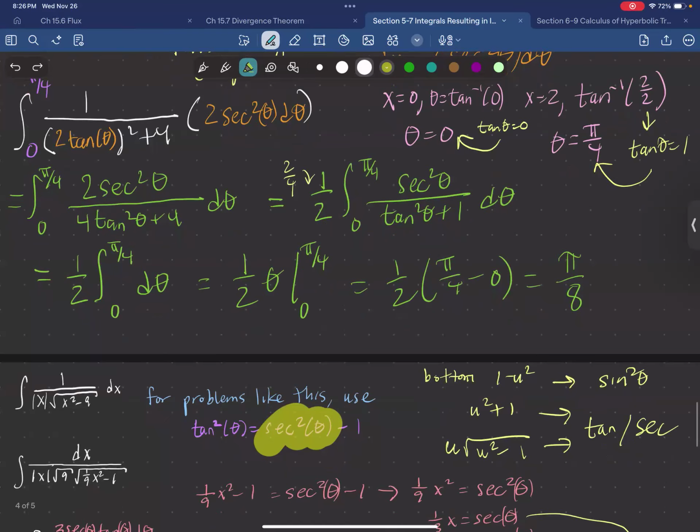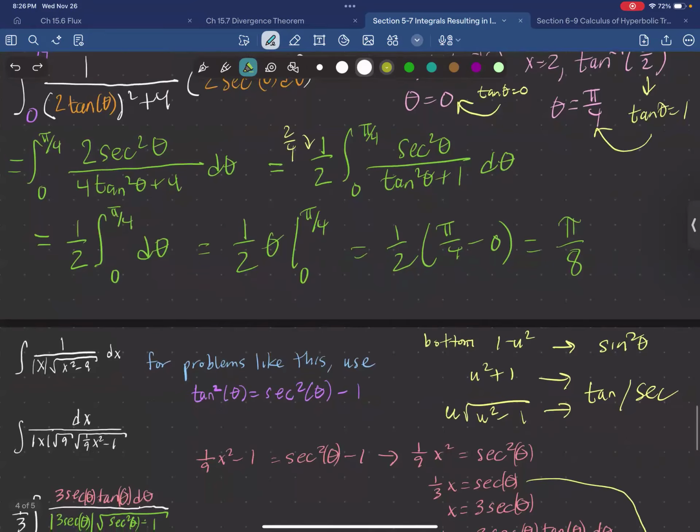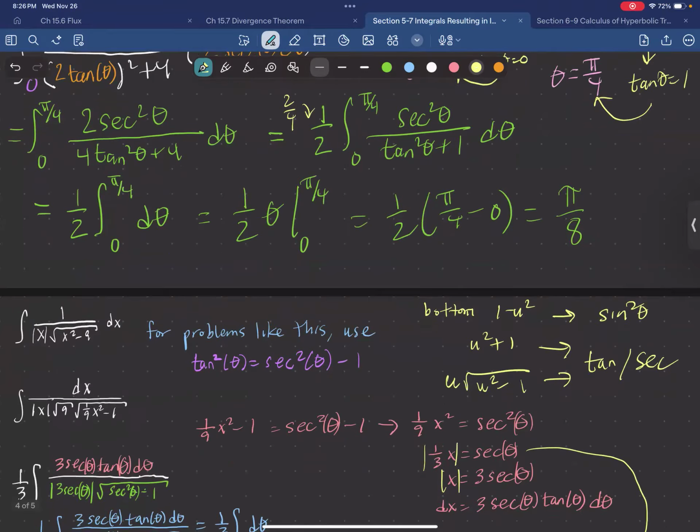So I'm equating the radicands here. Putting that in for the radical. We get 1/9 x squared equals secant squared theta. 1/3 x equals secant theta. It's really technically absolute value here. And the derivative of that is going to be 3 secant theta tangent theta d theta.